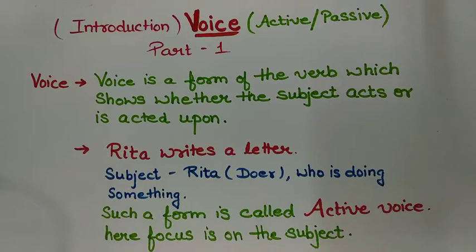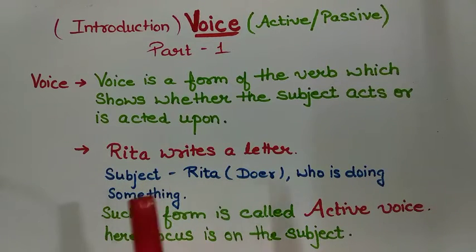See this sentence: Rita writes a letter. In this sentence, Rita is a doer. She is doing something, meaning here Rita is the subject. Such a form is called active voice because here our focus is on the subject.